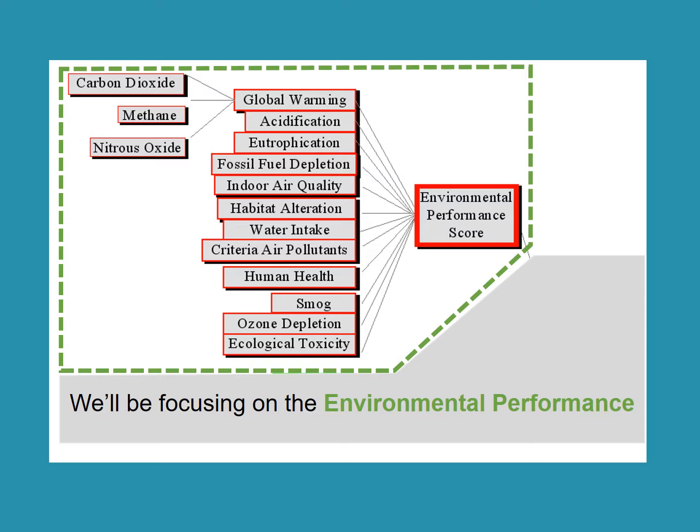Such environmental impacts include those shown, with impacts varying from global warming to indoor air quality to habitat alteration. Based on how these impacts are weighted against each other, the overall environmental performance score is computed for the product or products.